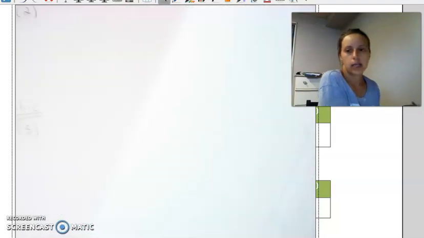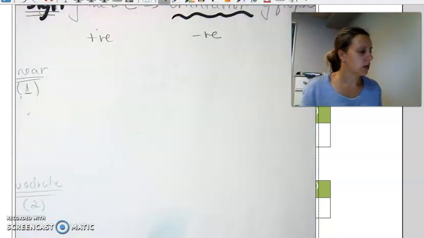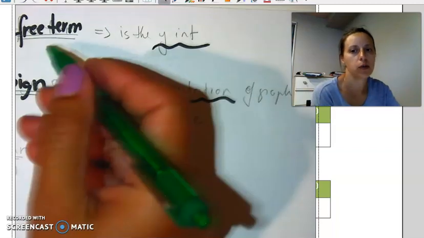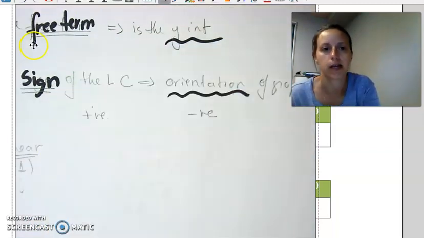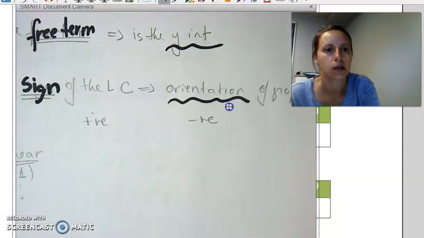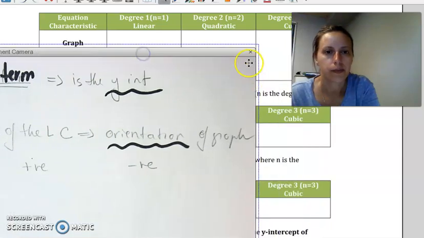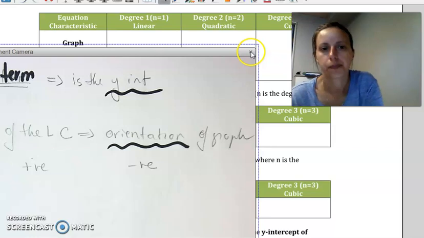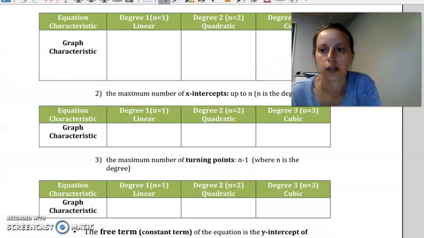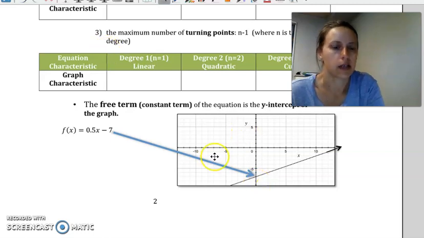The next part is the free term, okay? So the free term of the polynomial function. It's better to just talk about it from your notes here, because I have it as an example.